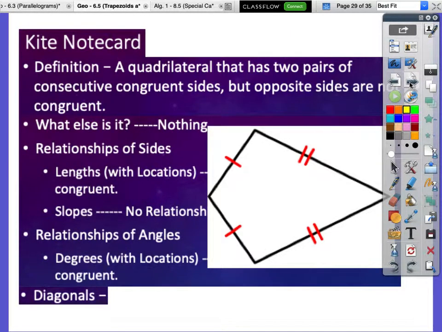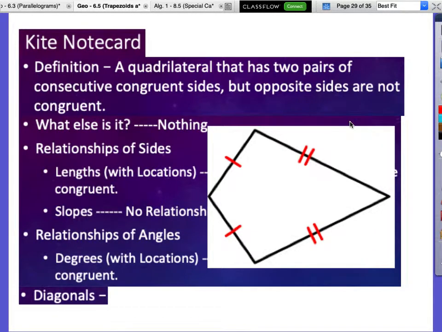Okay. So our definition with the picture. It's a quadrilateral that has 2 pairs of consecutive congruent sides, but opposite sides are not congruent.